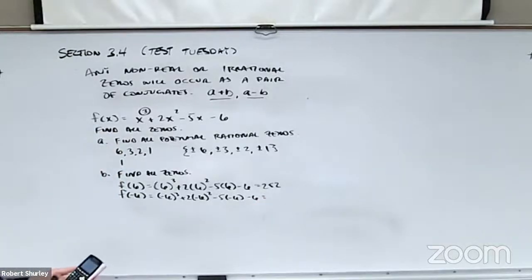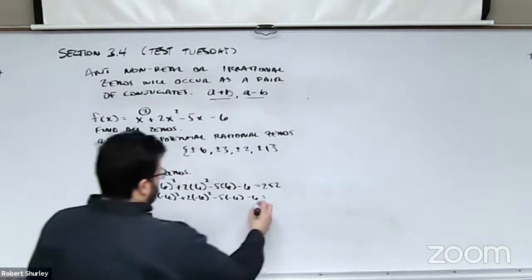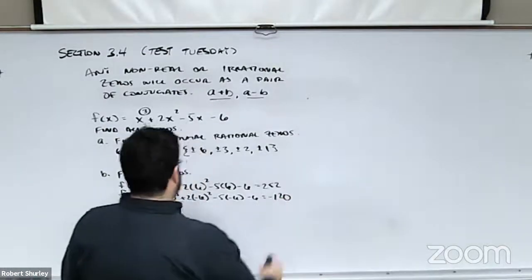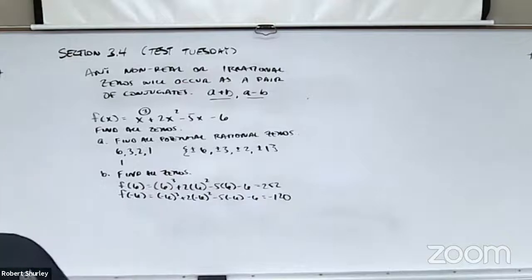Make sure to use parentheses: negative 6 cubed plus 2 times negative 6 squared minus 5 times negative 6 minus 6. That's not one either. I got negative 120 there. So I know 2 of those aren't rational zeros.